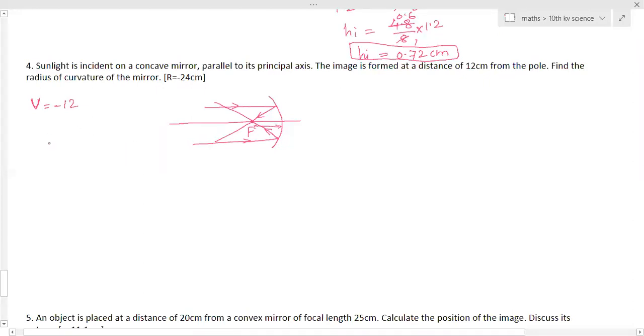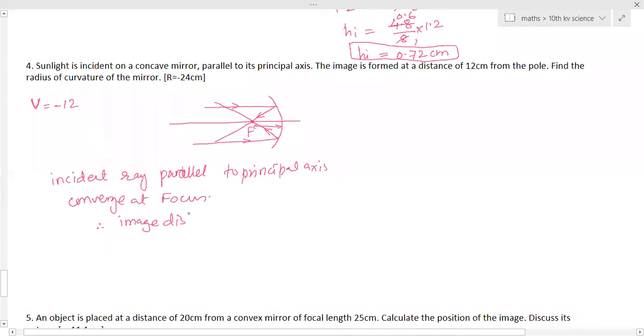Here you have to write: incident rays parallel to the principal axis converge at the focus. So therefore, image distance is equal to focal length.